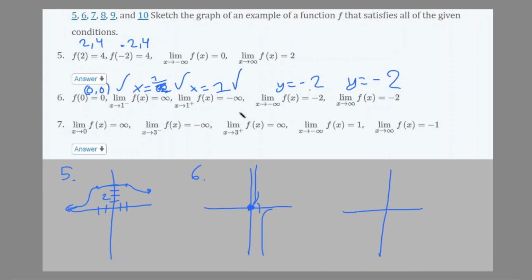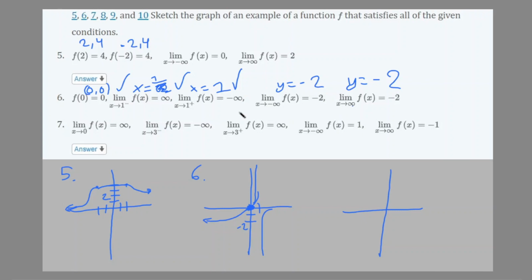And now we need to be drawing the horizontal asymptotes. So let's try doing that. So as x goes to negative infinity, we are getting the horizontal asymptote at -2. So we could just draw here, -2 is going to be right here. We just draw something like that.